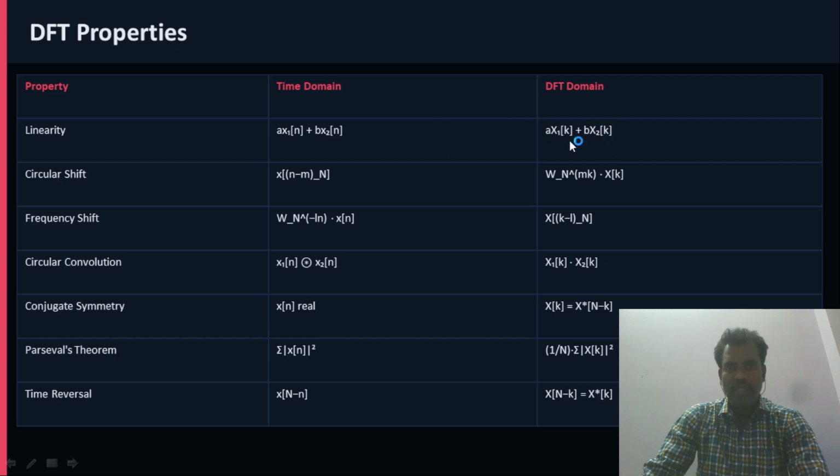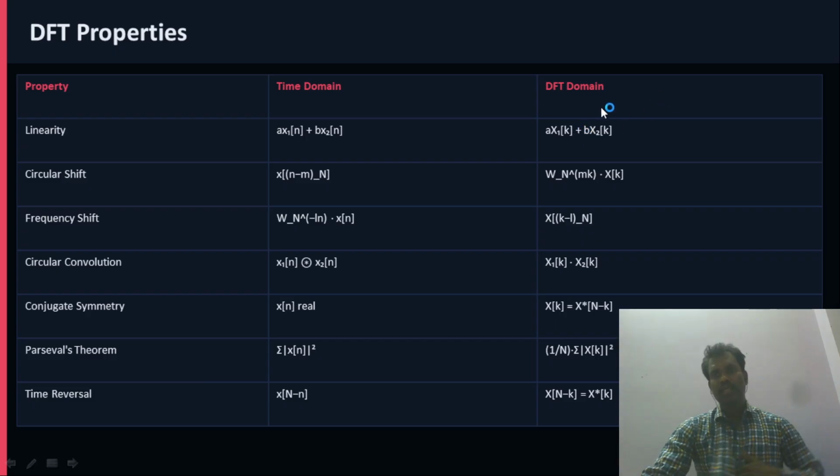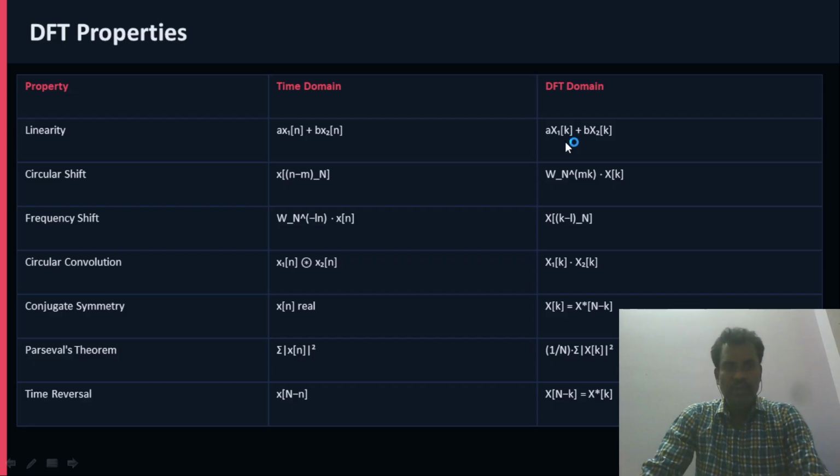Then its transform is a X1 of k plus b X2 of k, where capital X1 of k is the transform of x1 of n, and X2 of k is the transform of small x2. Both are combined as well as multiplied with the corresponding constants. It is linear because the sum of x of n e power minus j omega n, or W_N power kn, is separable. As it is a summation, it is separable, so it is possible to satisfy the superposition principle.